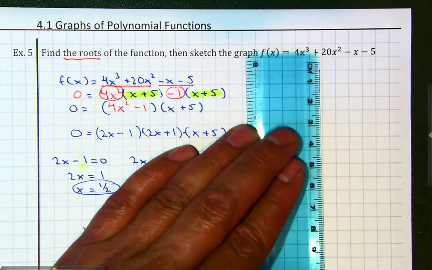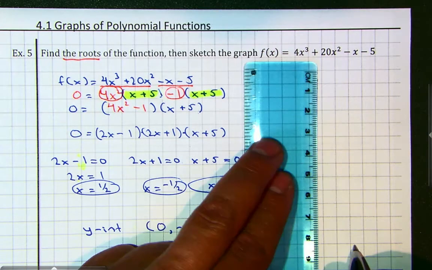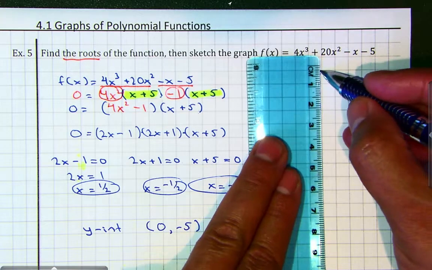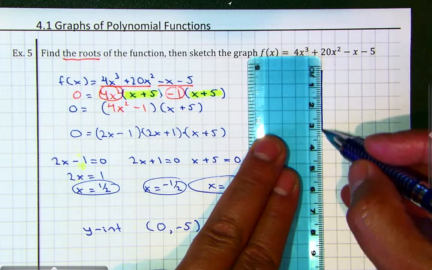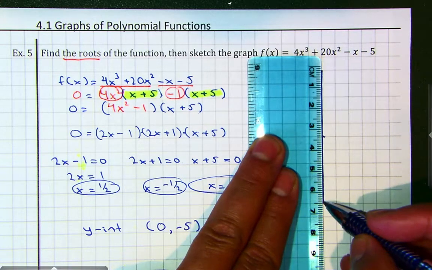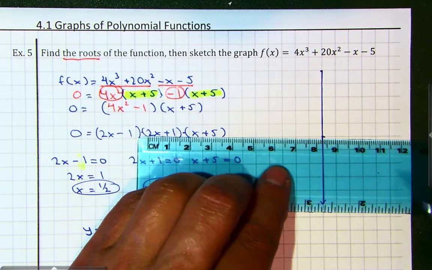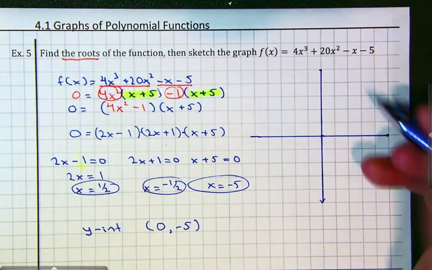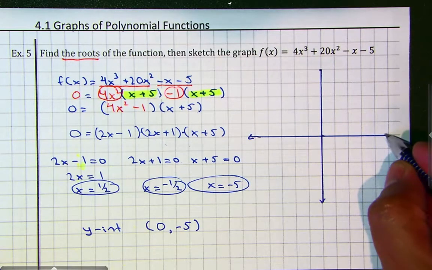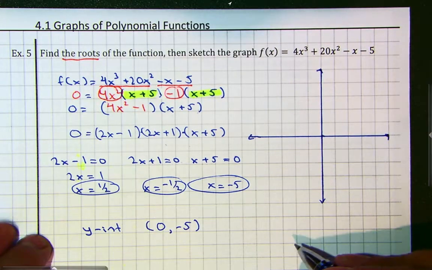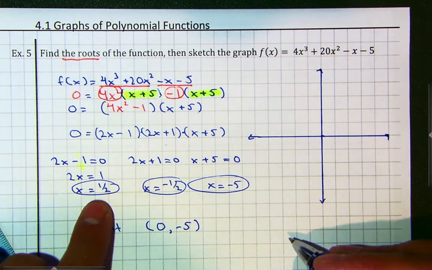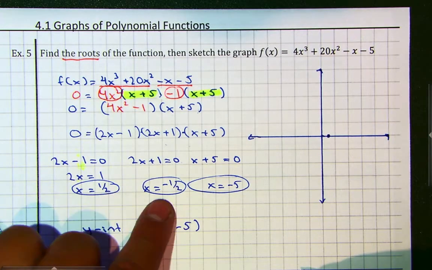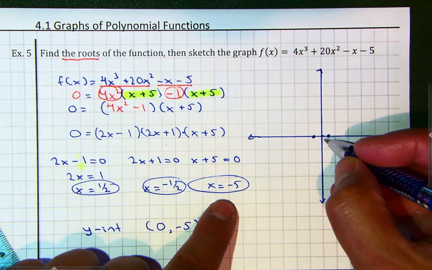So I'm just going to make a 5 by 5, should be fine. 2, 4, 5, 2, 4, 5. So therefore, 1/2 is one of your zeros, one of the roots, negative 1/2, negative 5.